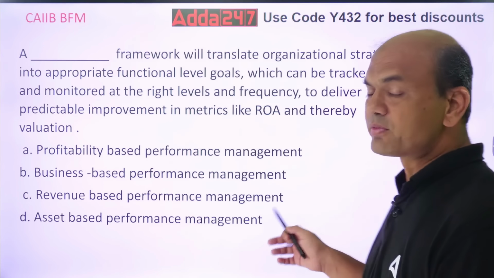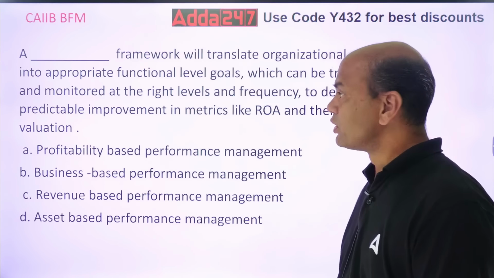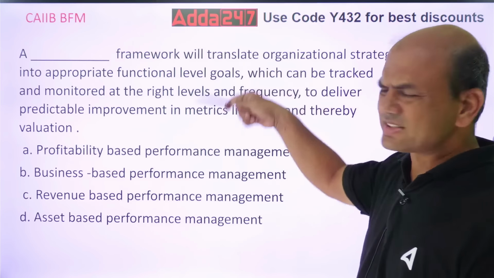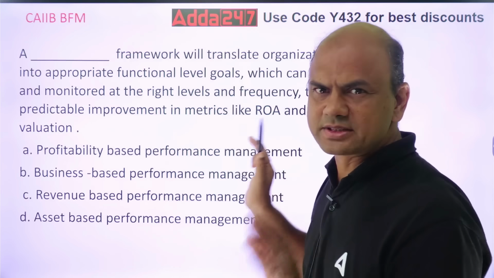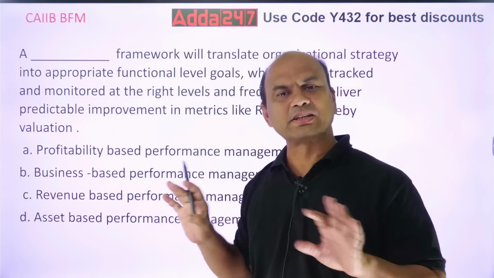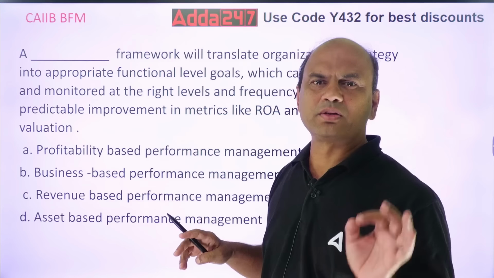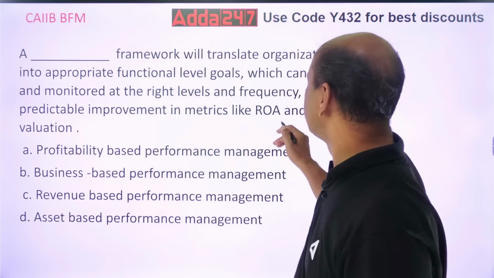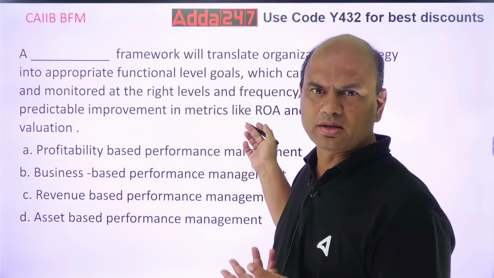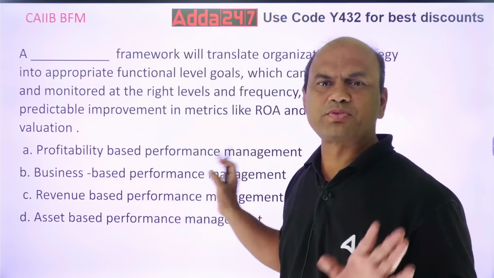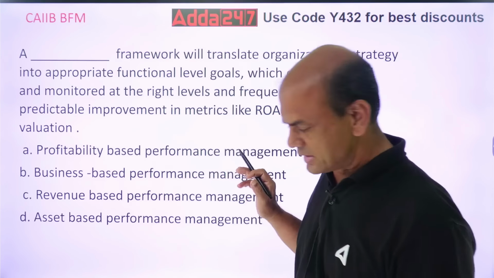So which framework will help the bank to achieve the ROA? See, all these things are okay, simple logic. In the exam, you have to first remove the scrap from the problem. Remove what is not required. Simple logic: which framework will help you to achieve this ROA? That's what the question is.